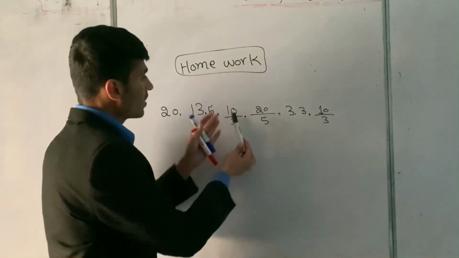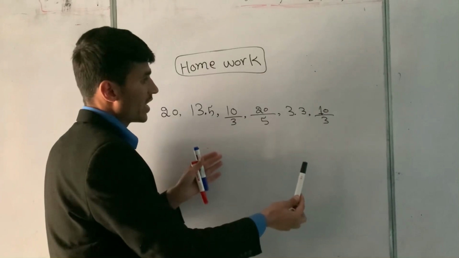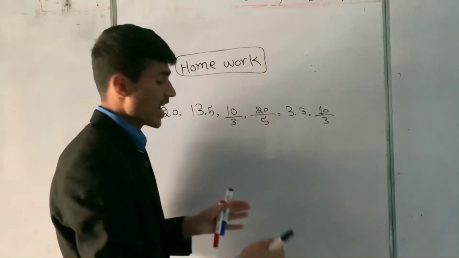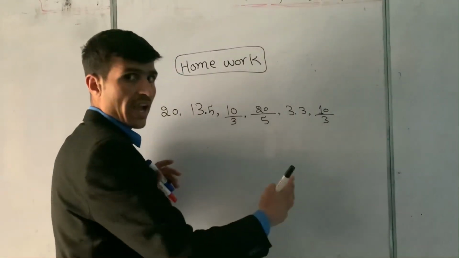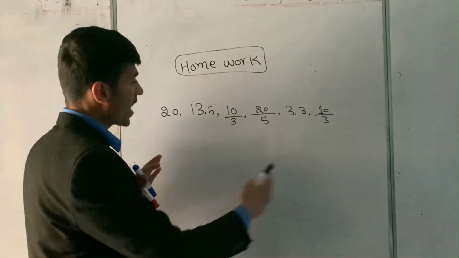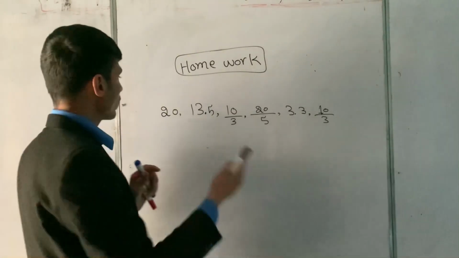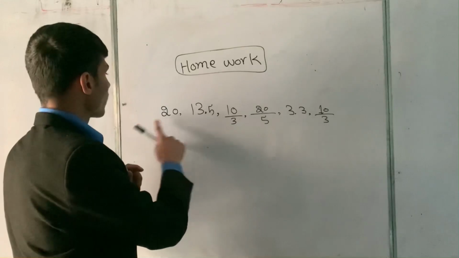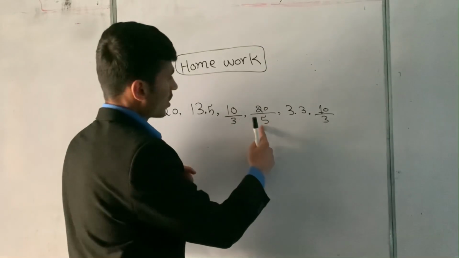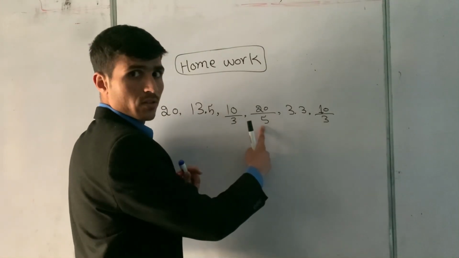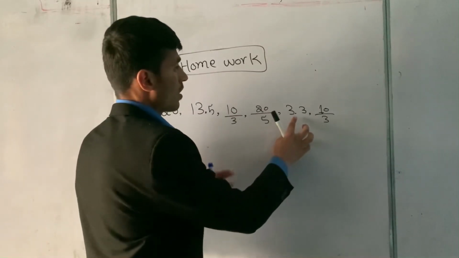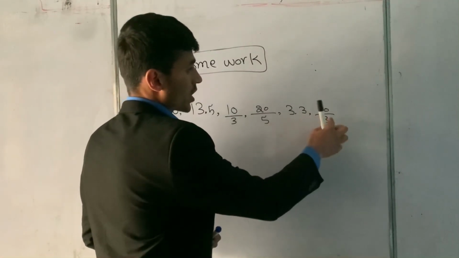You could just divide this, and whatever the answer is, just find its place on the number line. You shouldn't have to draw one number line for each of them. 20 over 5, which equals 4. It's pretty easy. 3.3, 10 over 3.